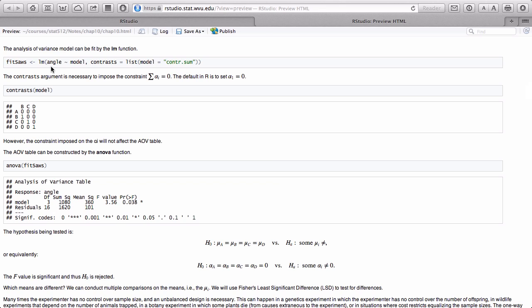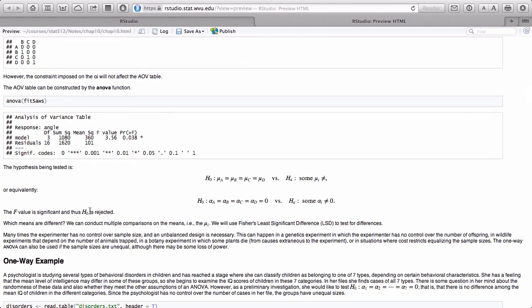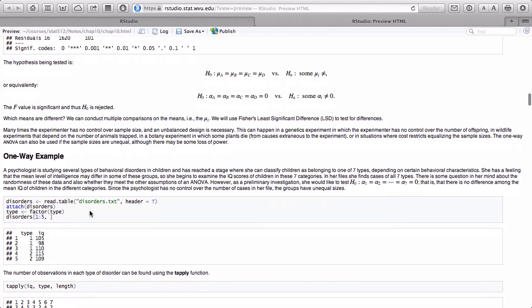And so that's good. We see that we have a significant difference. But if that's all we did, it wouldn't provide you much information in terms of what's really significantly different from what else. And so we need to look at that a little more carefully. So we have a significance.